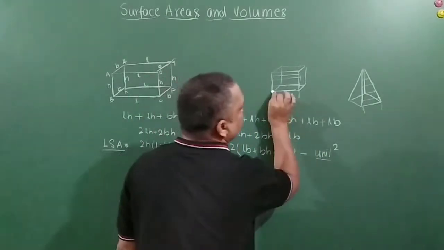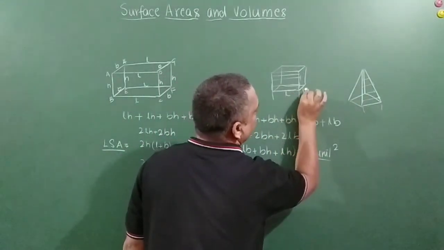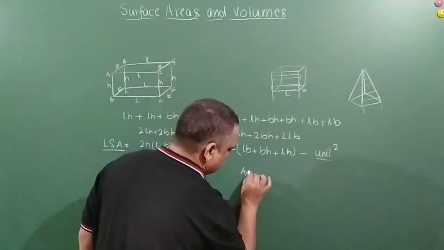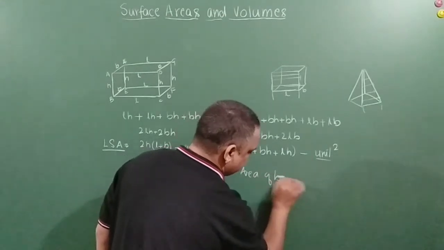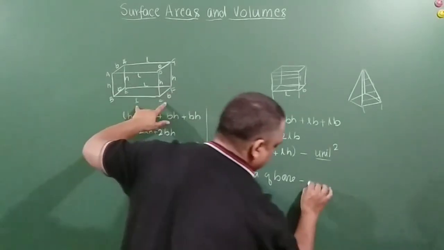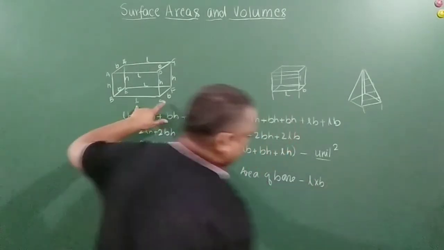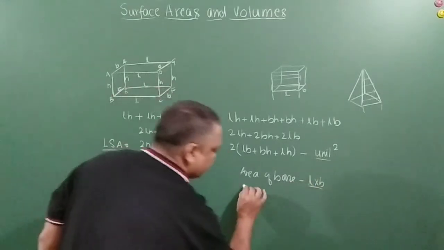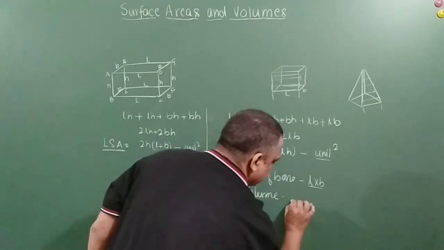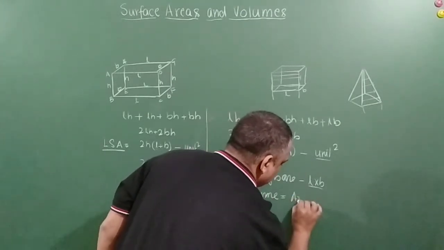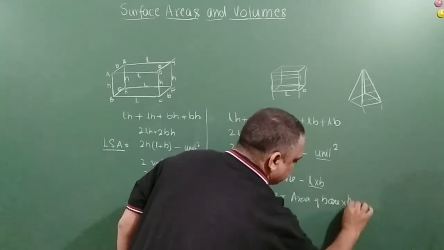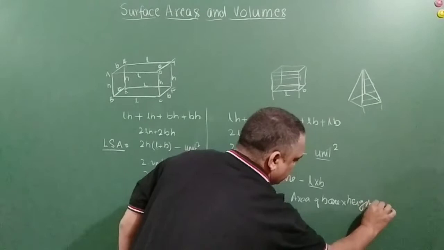Okay. So here area of base will be nothing but L into B, right? So area of base, you can refer the original figure also, no problem. I have just reproduced. That is equal to L into B. This is area. Now when I am finding out the volume, then that is area of base into height, right?